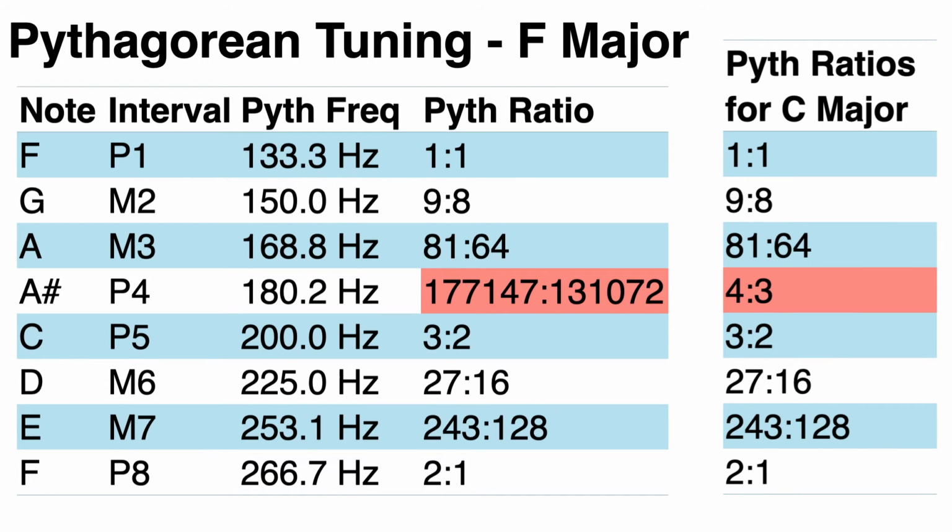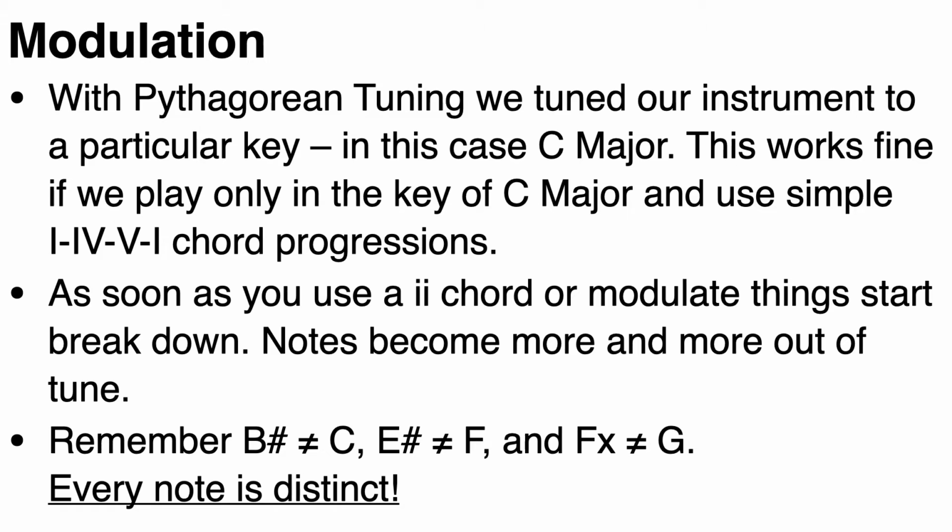So with Pythagorean tuning, we tuned our instrument to a particular key, in this case C major. And we saw that if we modulate to certain keys, it's going to create some pretty funky interval ratios that are going to sound quite out of tune.